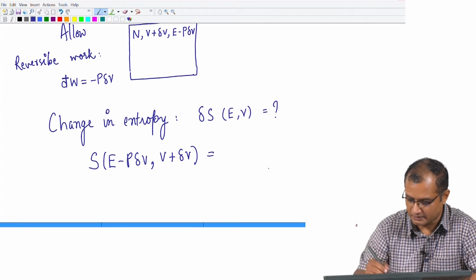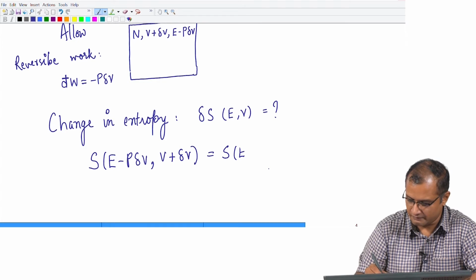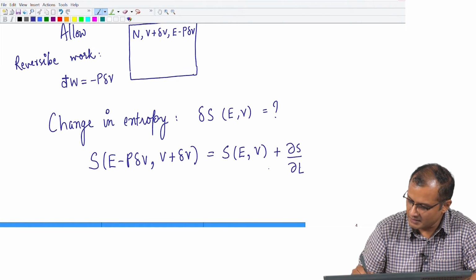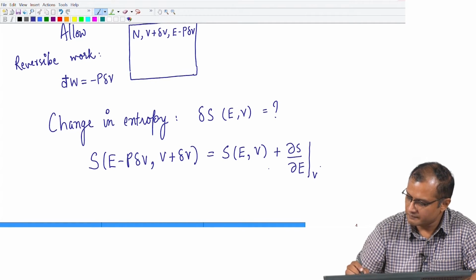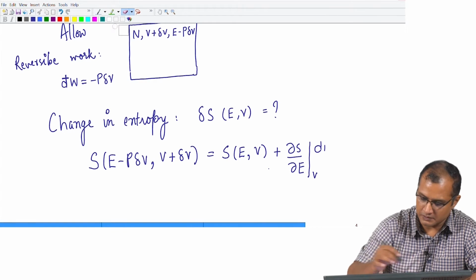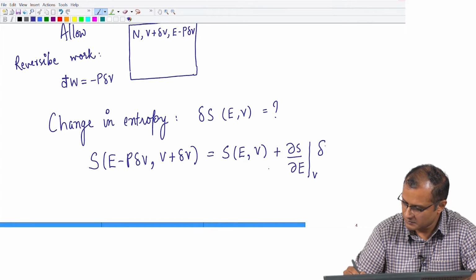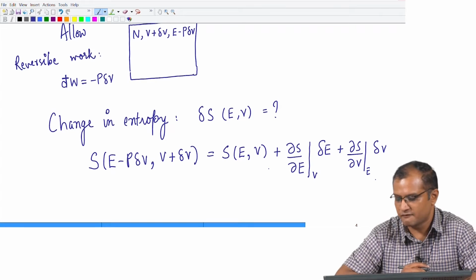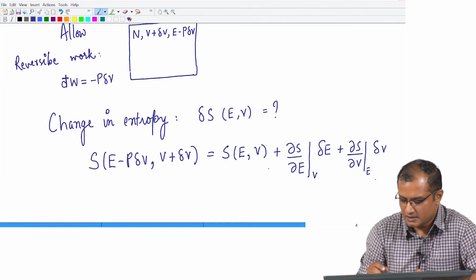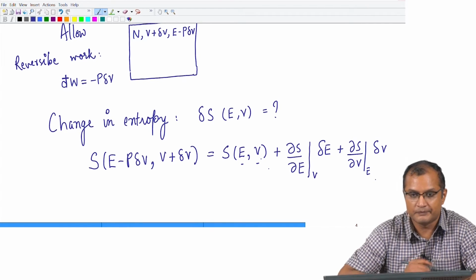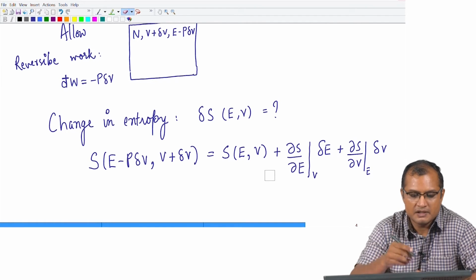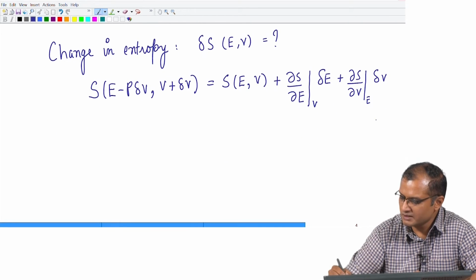We say that the entropy after the work is equal to the entropy before we did the work, plus del S over del E at constant V into dE, plus del S over del V at constant E into delta V. This is a first order expansion of entropy around E and V. As you can see, these derivatives are taken at E and V here. Let us call this equation 1.